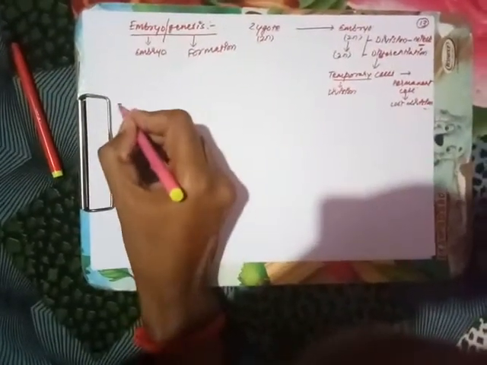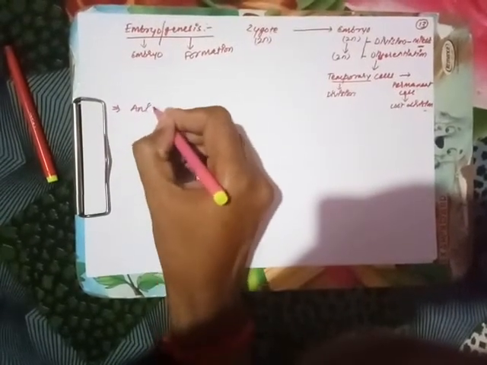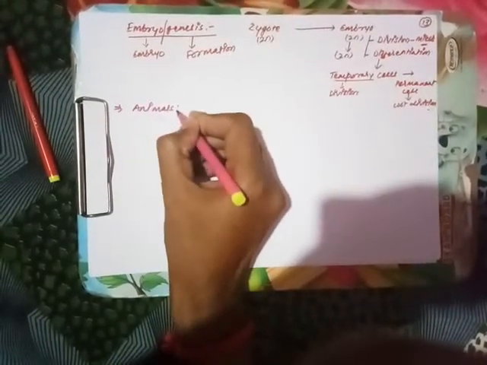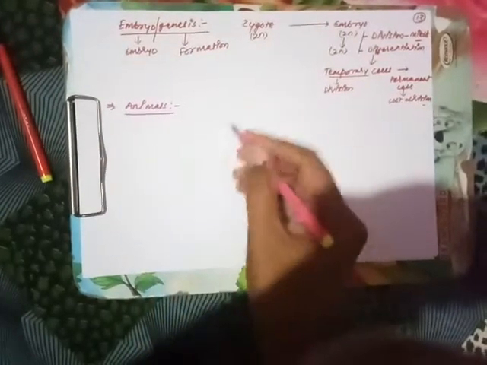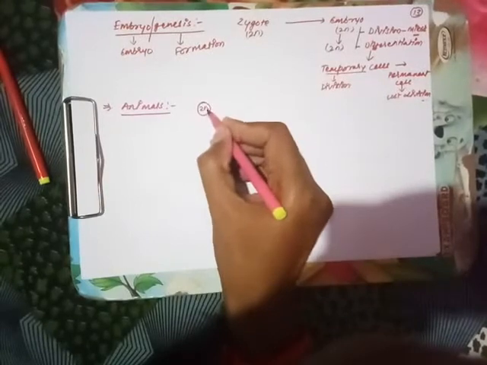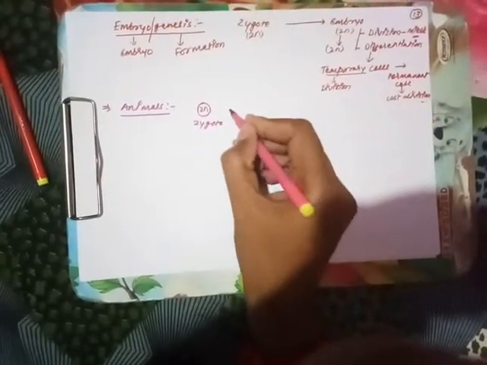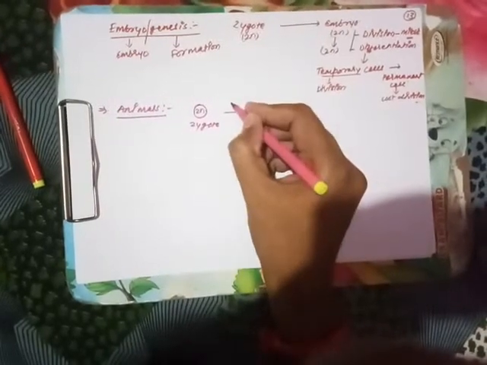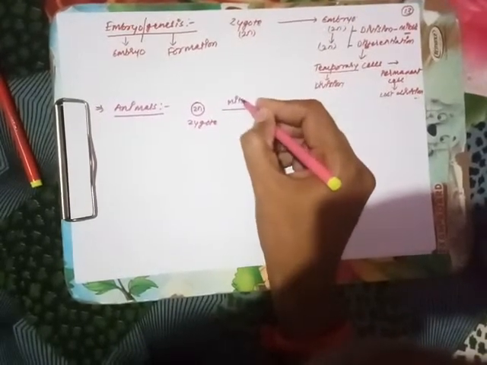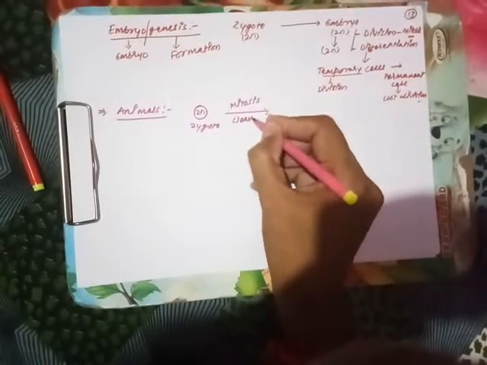So how does embryogenesis occur in animals and how does it occur in plants? First of all we are observing animals. Suppose a diploid cell 2n, that is the zygote, undergoes a series of mitotic divisions. That process is referred to as cleavage.